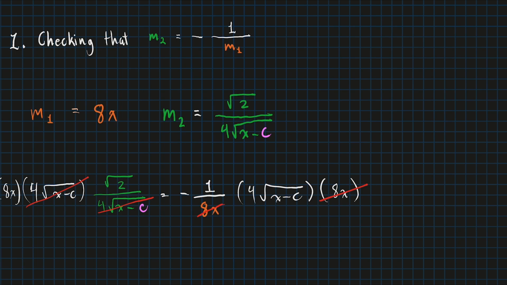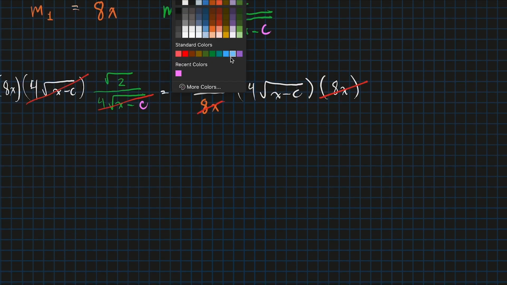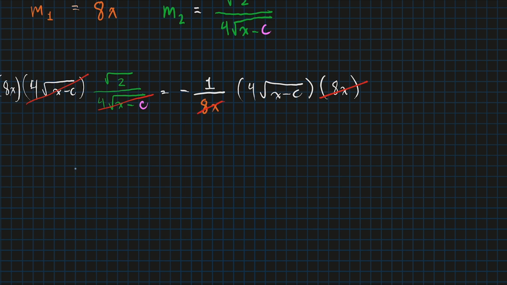So we will be left with, on our left side, let's make it blue, pretty neutral color, the square root of 2 times 8x, and that is equal to negative 1 times 4 times the square root of x minus c.